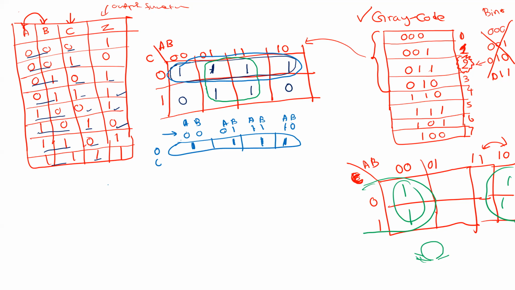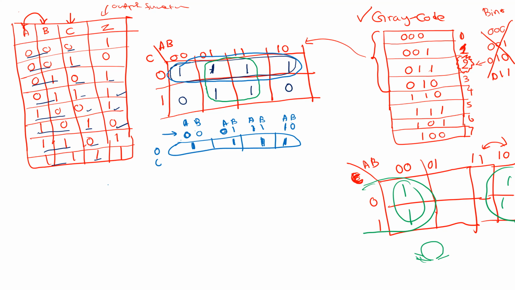First two columns have 0 and third and fourth columns have 1. Right? So in the first and second columns, the value of A is 0. Then in the third and fourth columns, the value of A is 1.